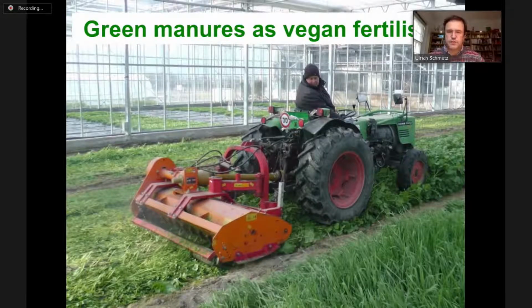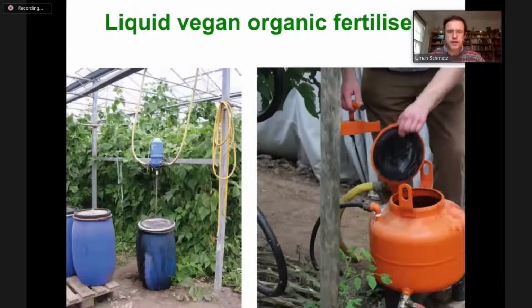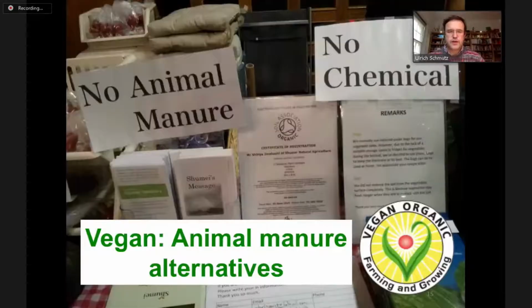I'm just showing that it can also be liquid fertilizer here. And this is just a little picture to show that vegan organic farming is on the increase. Even during the two or three years of that project, it has increased a lot.